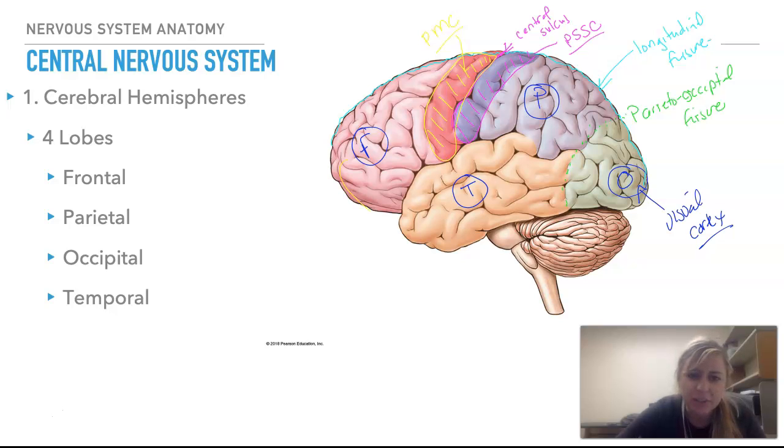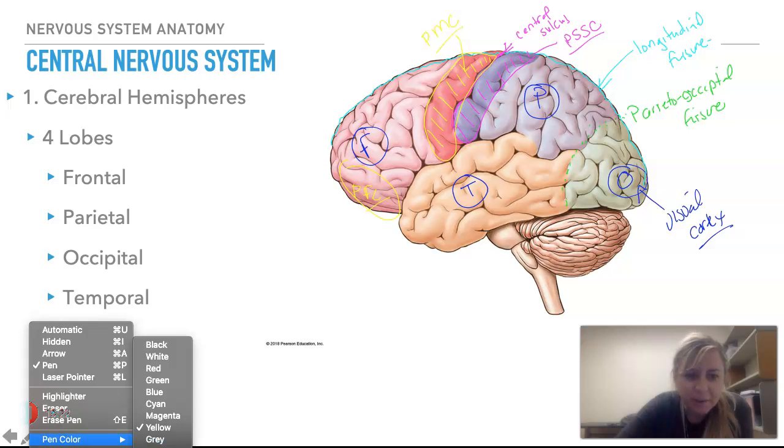And everything in front of that central sulcus is part of our frontal lobe. In the front here, we also have a region called the prefrontal cortex. And this is the area of the brain that is responsible for abstract thought and predicting, like predicting consequences from actions, for example. This is the area of the brain that takes longer to develop.